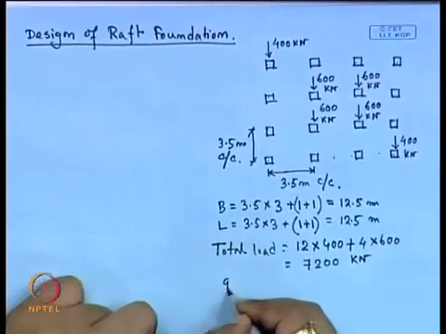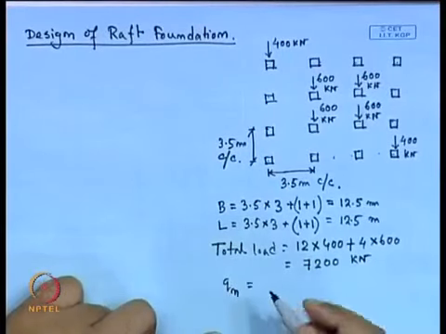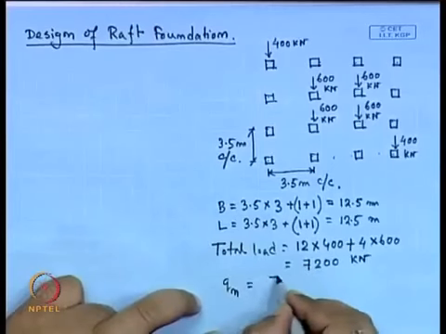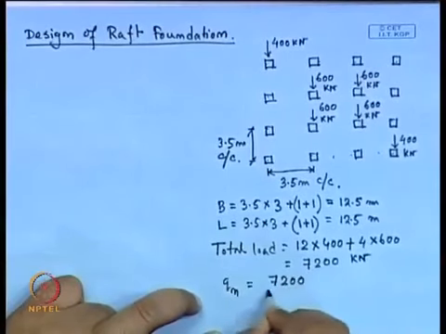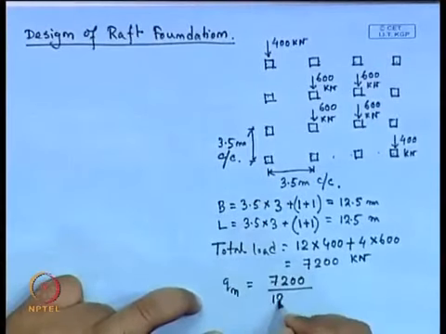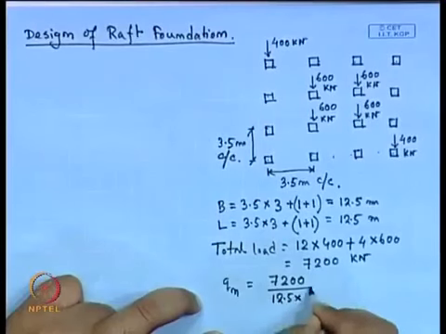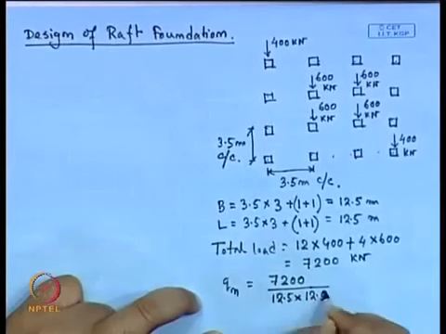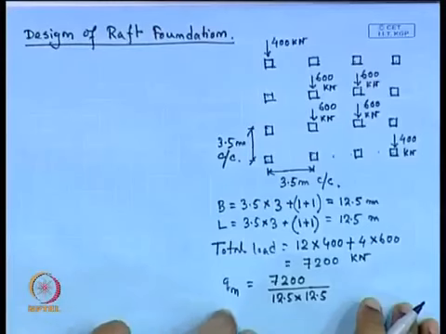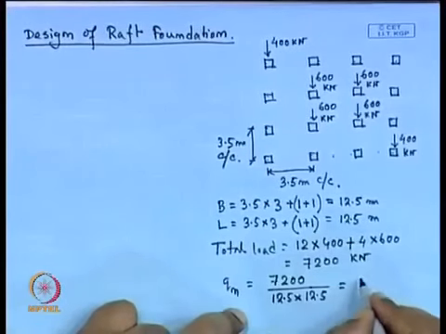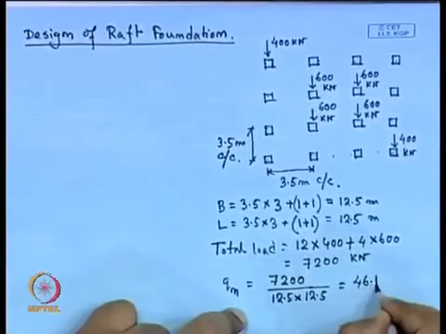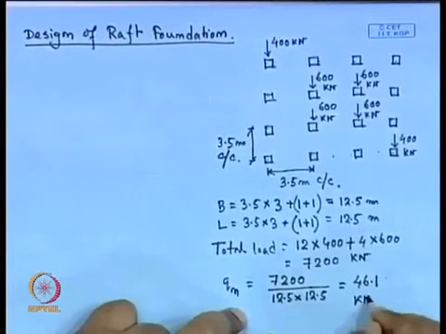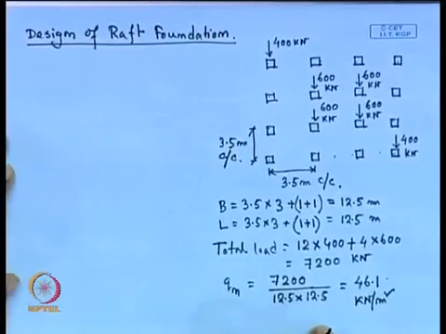So, the net load acting on this raft is 7200 divided by the area, which is 12.5 into 12.5. That comes to 46.1 kilonewton per meter square. So, this is the net load acting.